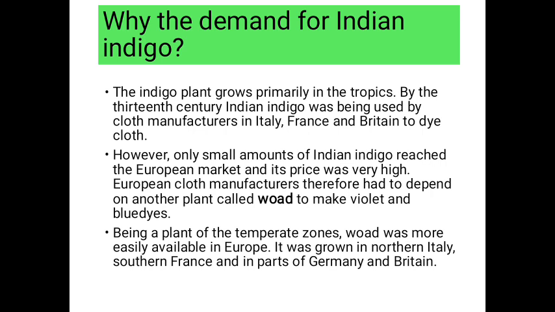Only a small amount of Indian indigo was able to reach the European market, and because of that its price was very high. European cloth manufacturers therefore had to depend on another plant called woad to make violet and blue dyes when they were unable to get indigo.